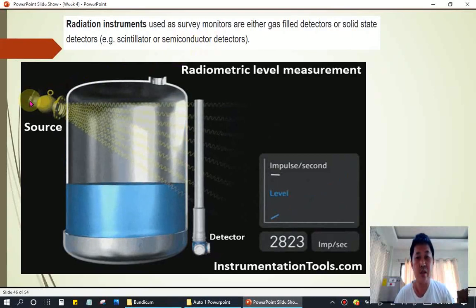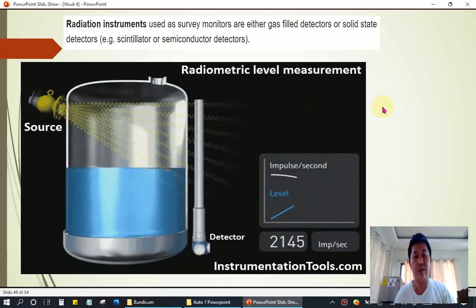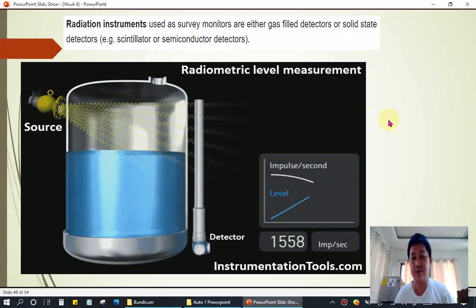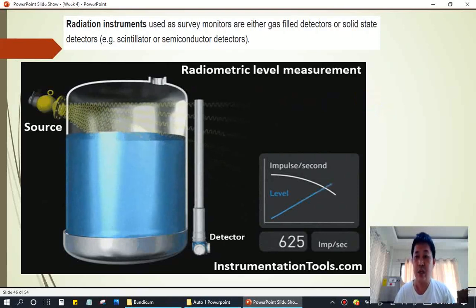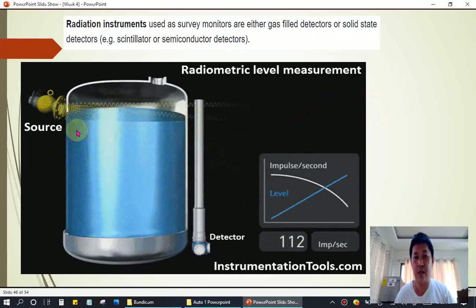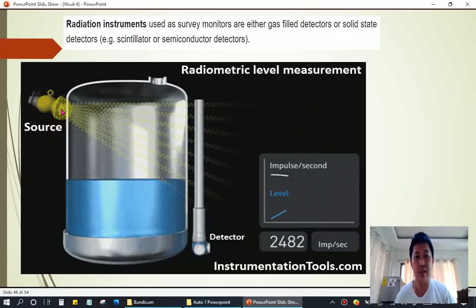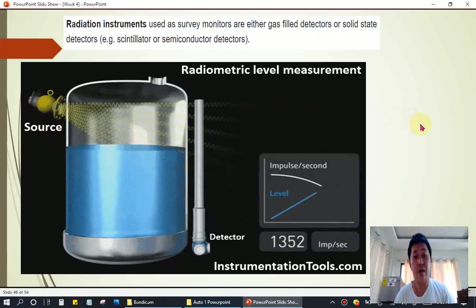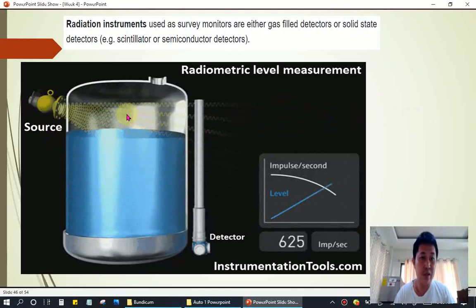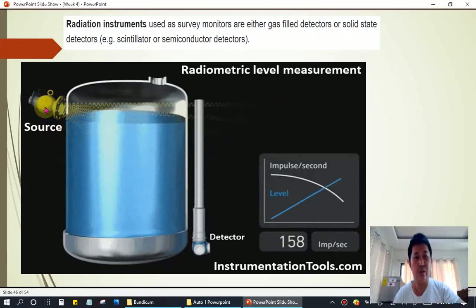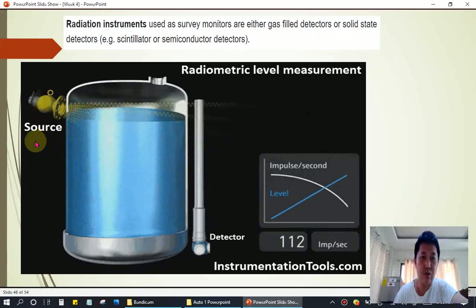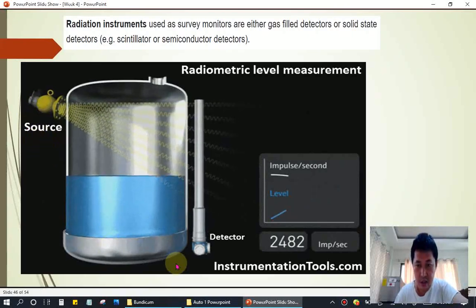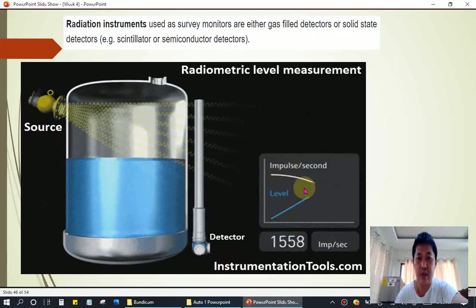As we understand, radiation is done by the use of light. So we have the light here, either light from the sun or light from your lightings. As you can see here, it is monitored by the use of the light. Your source here is the light, and it reads the level.